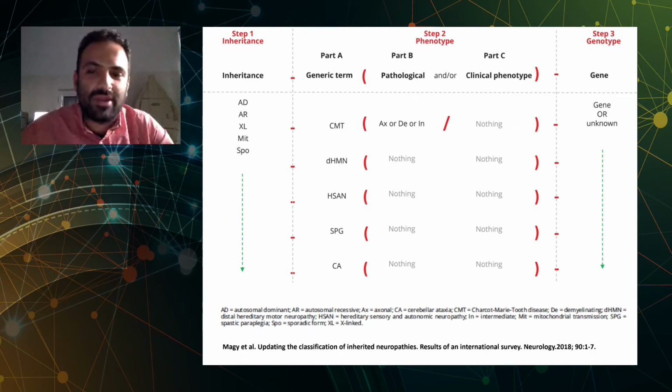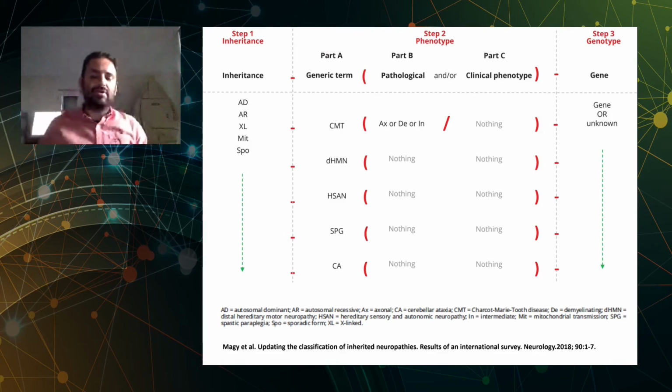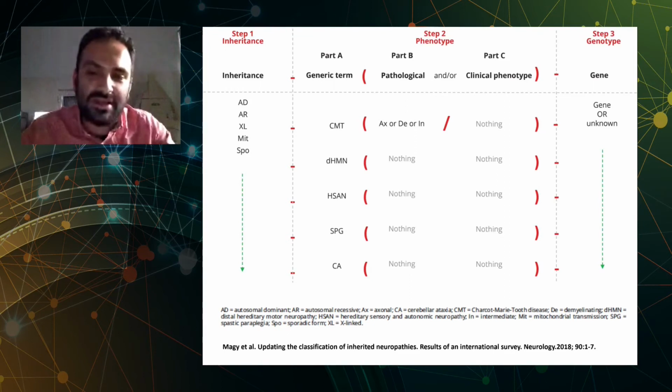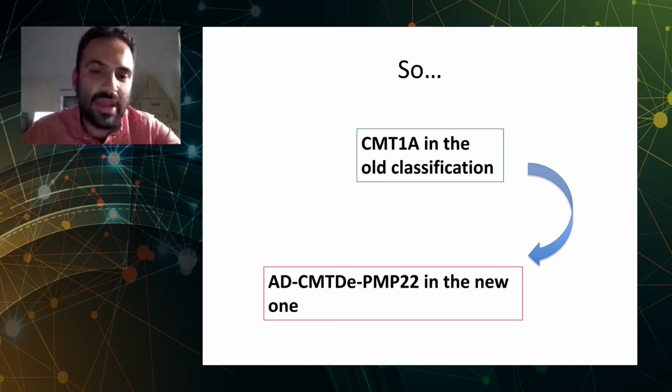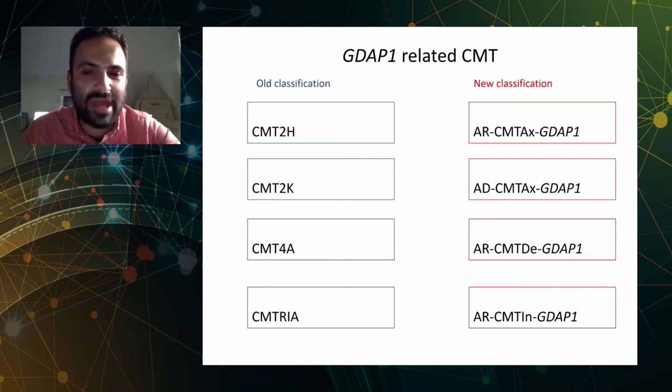Then the major type, which is axonal, demyelinating, or intermediate, and the gene discovered after we performed the genetic test. So one example, the most common type, CMT1A, due to the duplication of the PMP22 gene, is called autosomal dominant CMT, DA, so demyelinating, and PMP22 in the new classification.